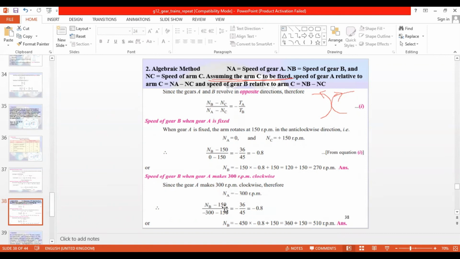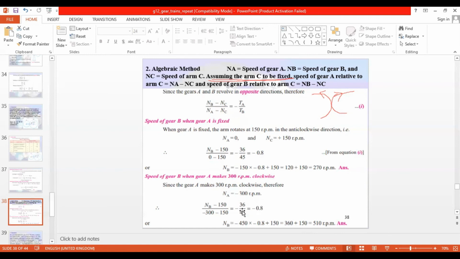NC is 150, upon NA. NA is given in the question as rotating clockwise, but we take anti-clockwise as positive, so if it is clockwise, I have to put negative. Instead of NA, I will put minus 300, minus NC 150. So NB minus 150 is equal to minus 300 minus 150, that is minus 450, equal to minus 36 by 45, which is minus 0.8.